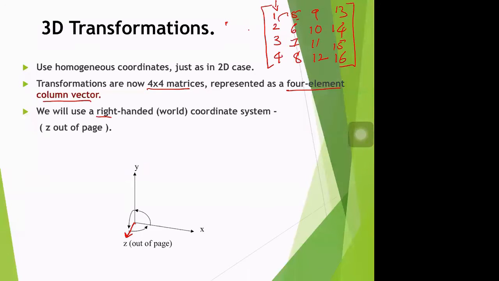Why do we call it a right-handed coordinate system? Because you can hold your right hand as well as your left hand in front of you. Always the x-axis will be towards your right side, and the y-axis will be upwards.